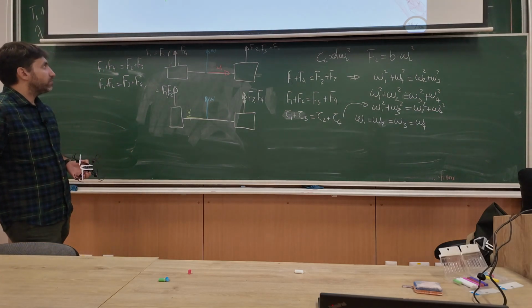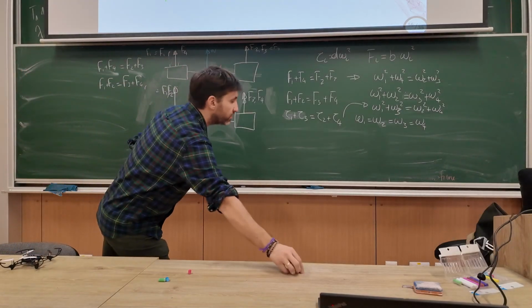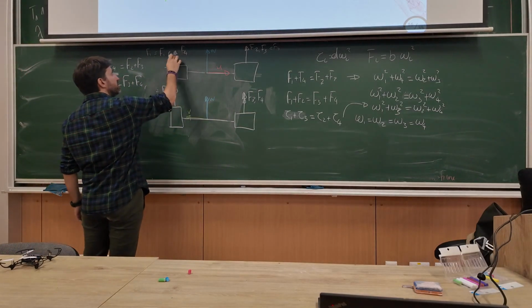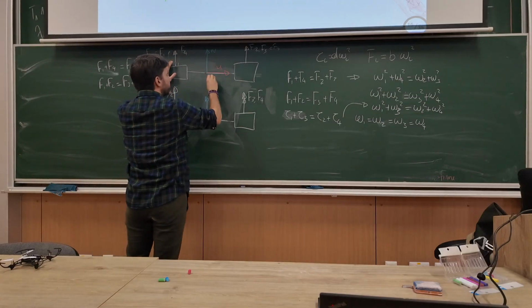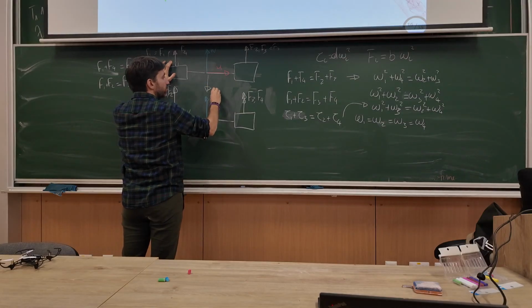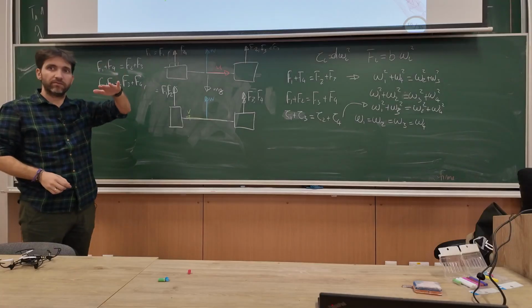You have to tune basically, right, wait a bit. So you can tune, these two sums have to be equal to the weight, correct? So that it doesn't move up and down, right?